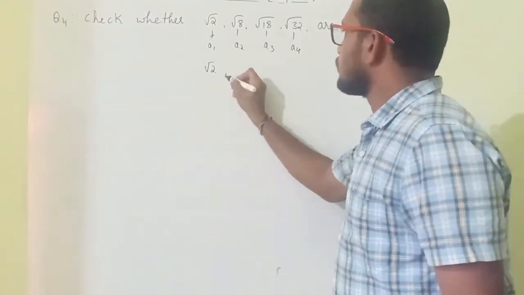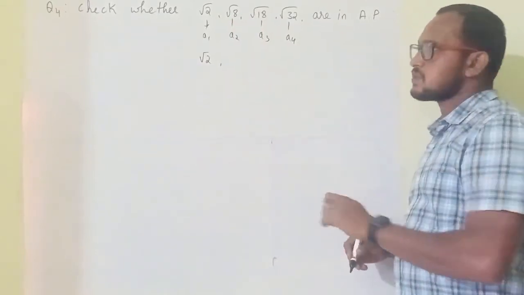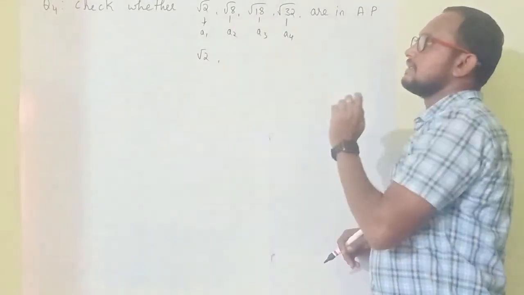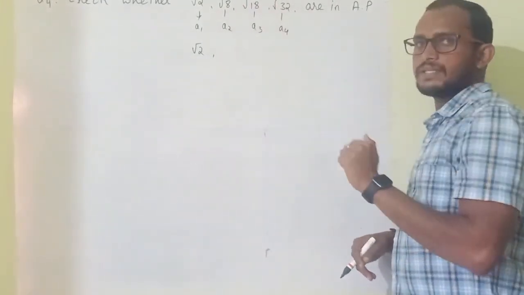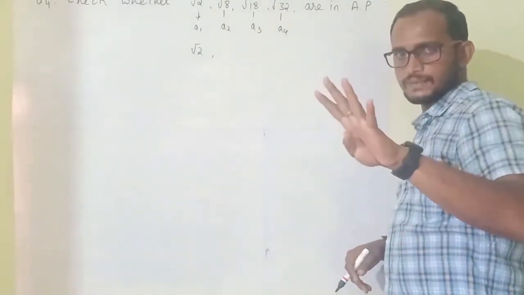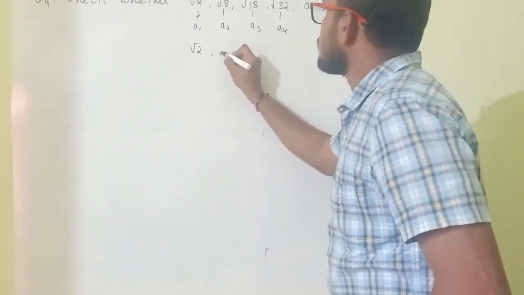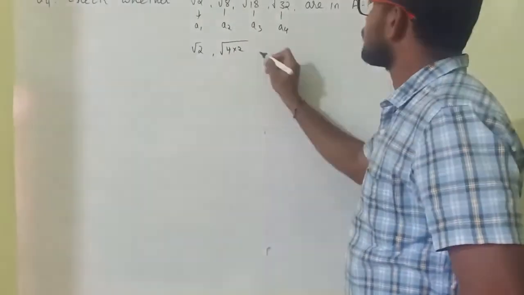But in root 8 there is a square number hidden inside it. 1 is hidden there, and 4 is also hiding inside the 8. You can say 4 times 2 is 8, where 4 is a square number, so I could write 8 as 4 into 2.